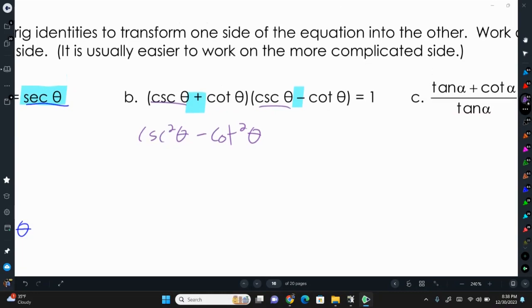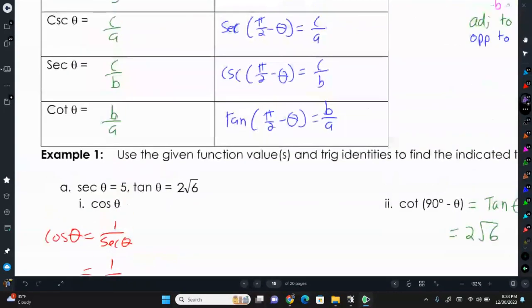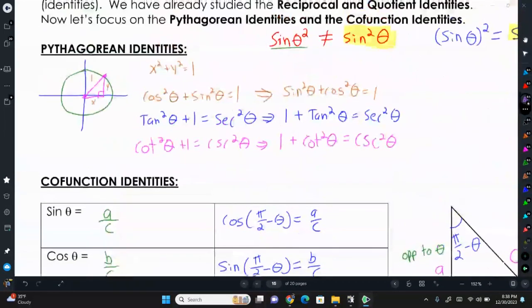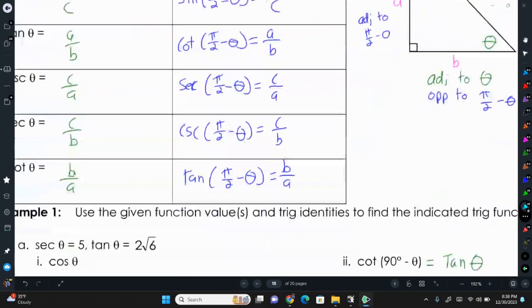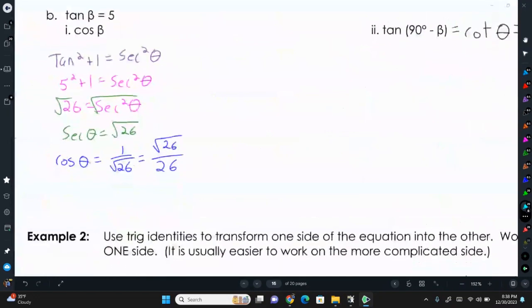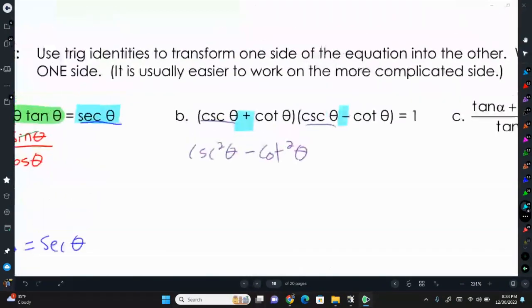We know that cosecant, if we go back up here, cosecant squared is equal to 1 plus cotangent squared. So I'm going to make that substitution down here.